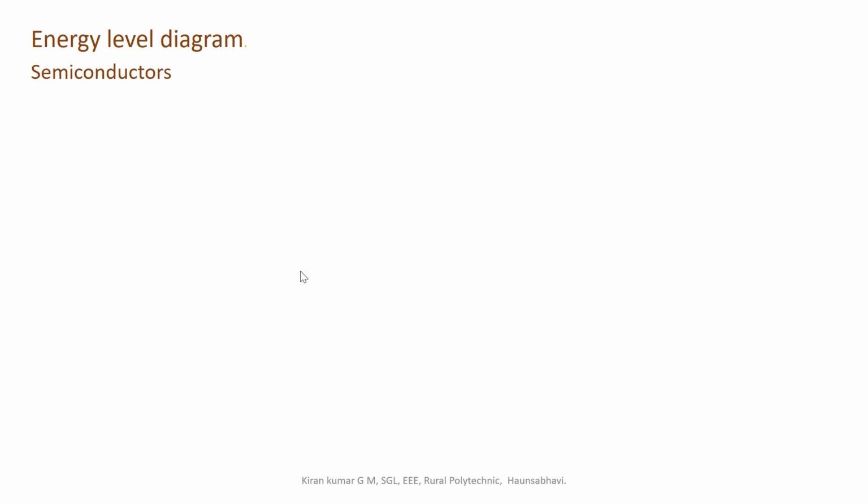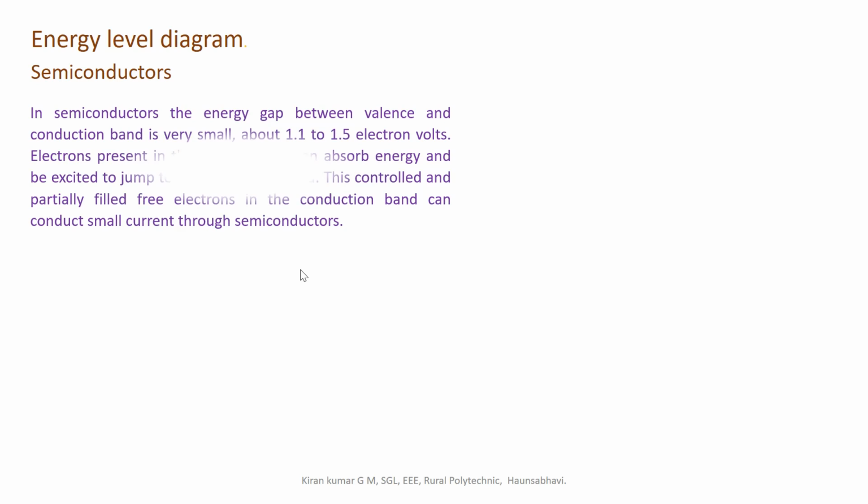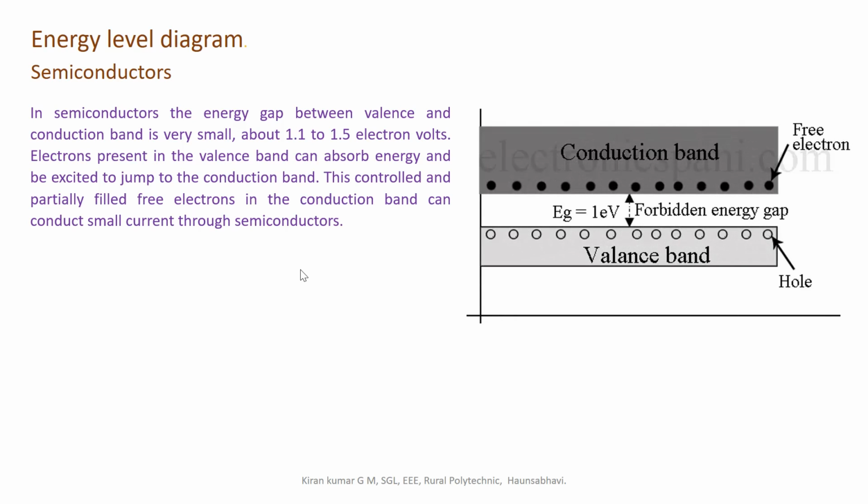Next comes the energy level diagram of an interesting substance called a semiconductor. Semi means it is in between the conductor and insulator. That's why the energy gap between the valence band and the conduction band in these semiconductors is about 1.1 to 1.5 electron volts.